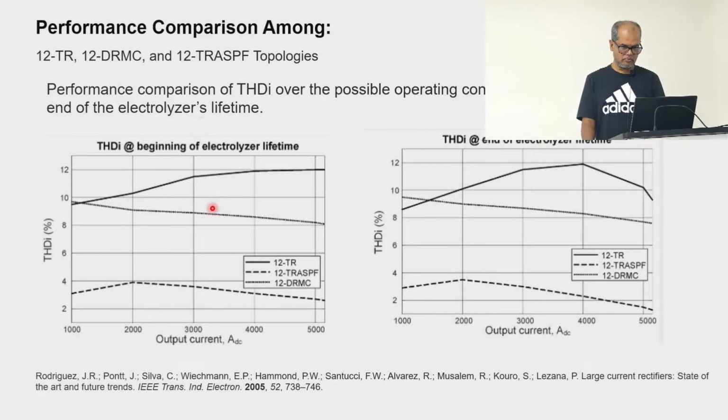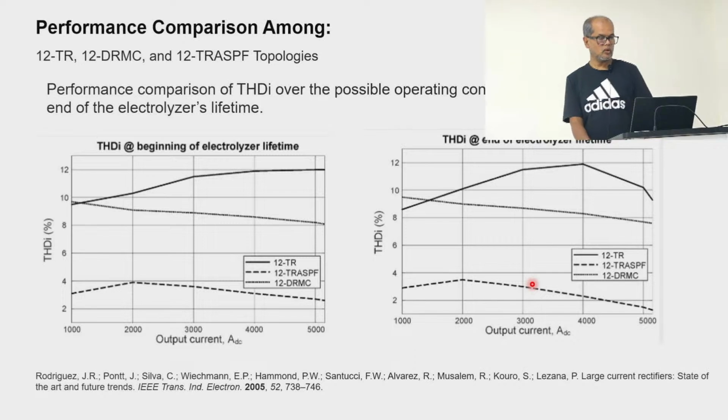So none of them is within the 5%. So definitely, if you use this, you need an additional filter to bring it back below 5%. But this one is already below 5% for total harmonic distortion.